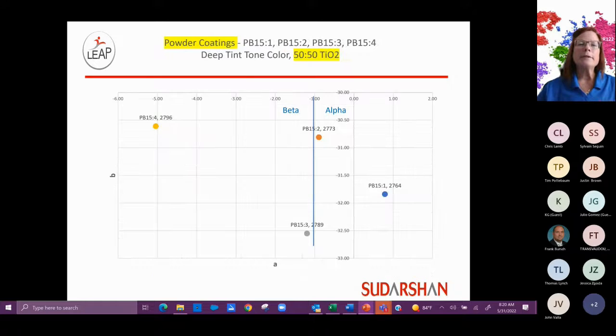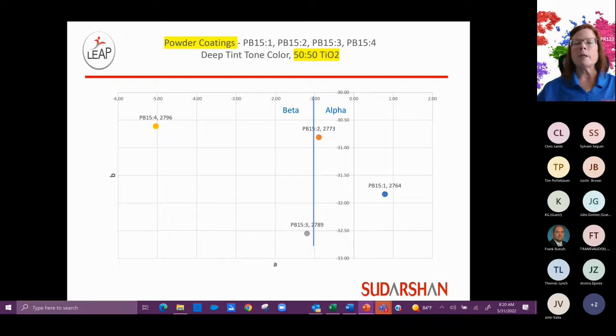So now if we take a little deeper dive, here I am taking a look at one pigment in each crystal category and comparing it in different types of applications. Here we are taking a look at a powder coatings formulation in that same deep tint tone color, the 50-50 mixture with TiO2.